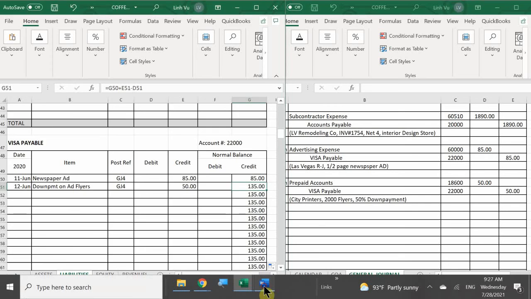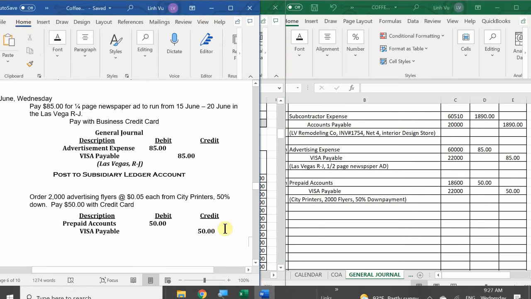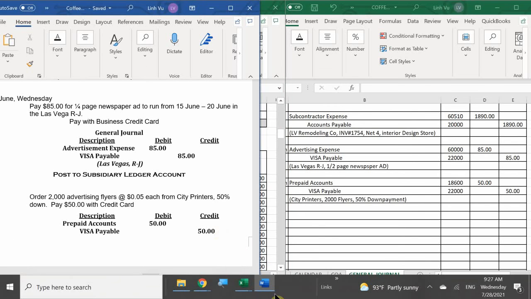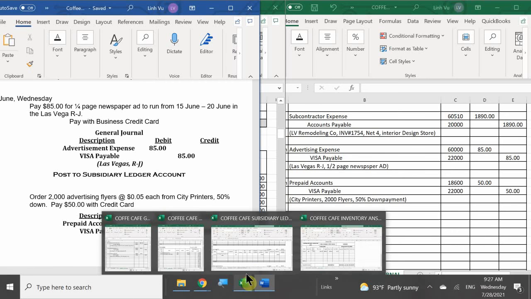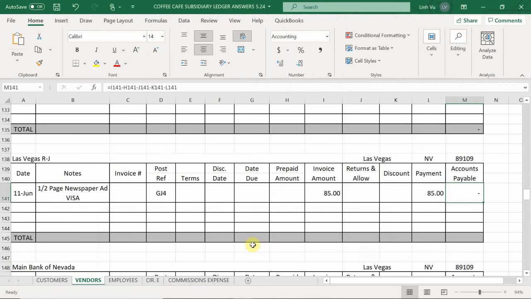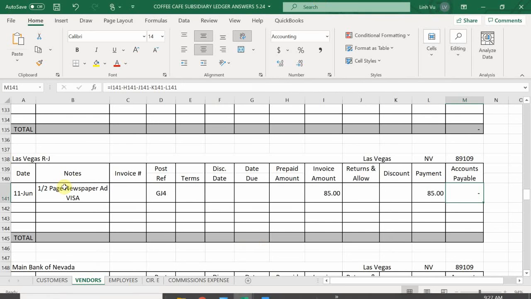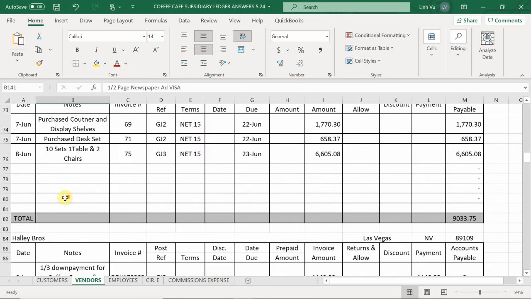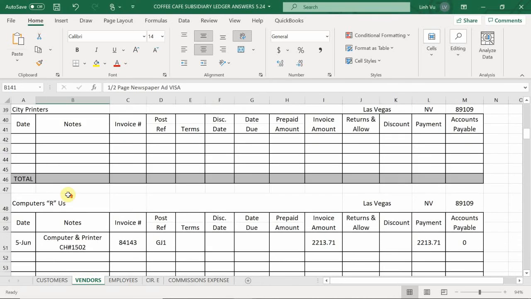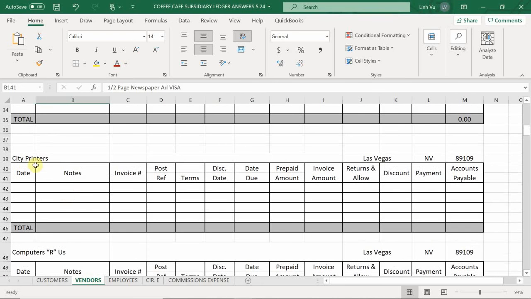Okay. So now we're going to go back into our subsidiary ledger, because we made a prepayment for City Printers. So let's go ahead and go to City Printers in your vendor section.